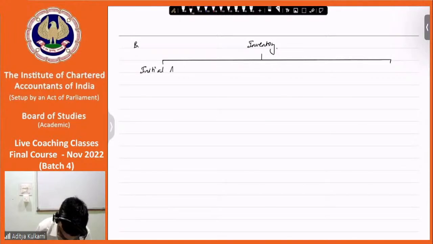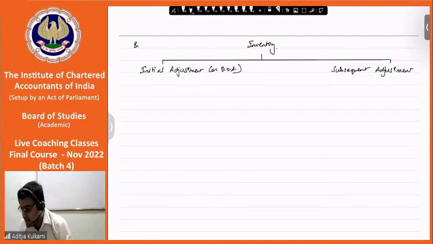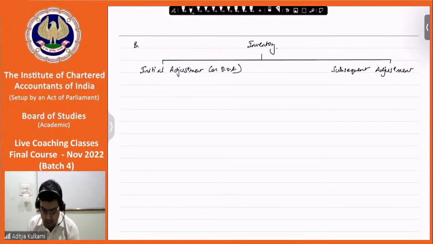This is the initial adjustment on the date of acquisition. Subsequent adjustments, if it is sold or unsold. Okay, all right.